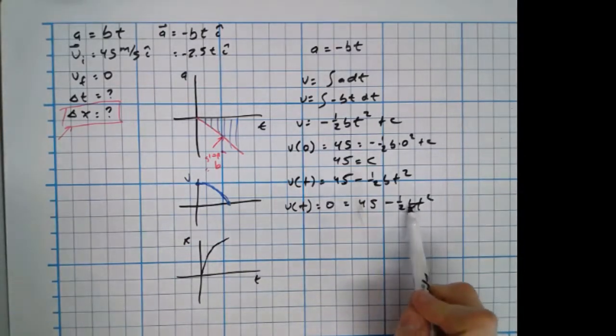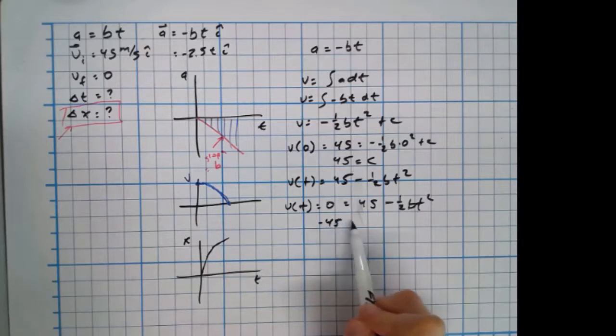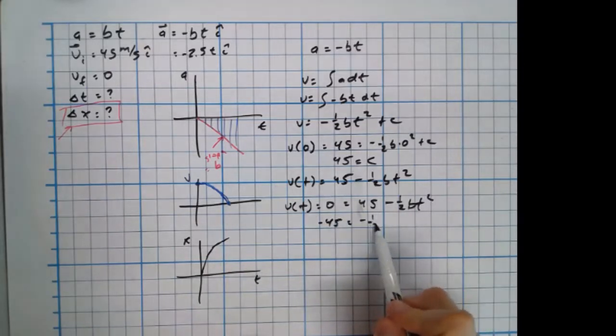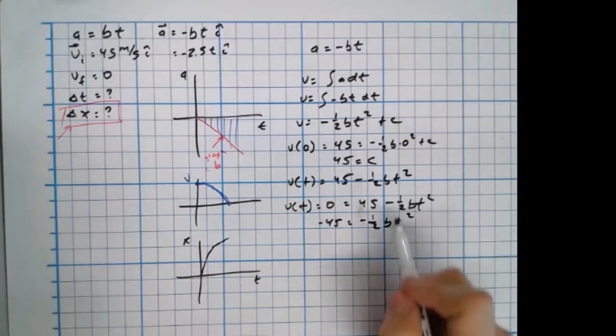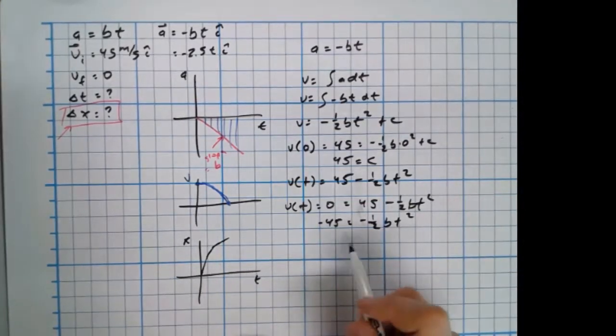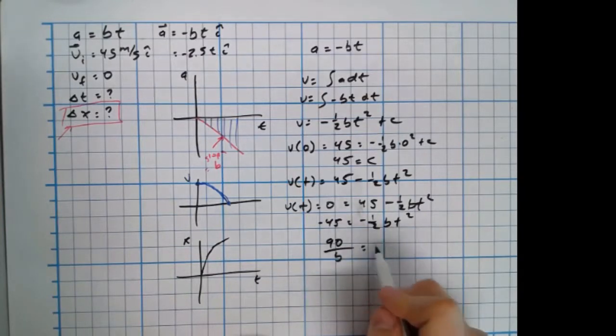So I'm asking the question now, at what moment in time is the velocity equal to 0? So I solve that, you get negative 45 equals negative 1/2 bt squared. Multiply the 2 over to the other side and the negative, and you get 90 over b equals t squared.